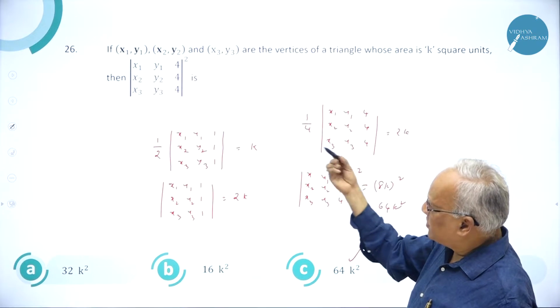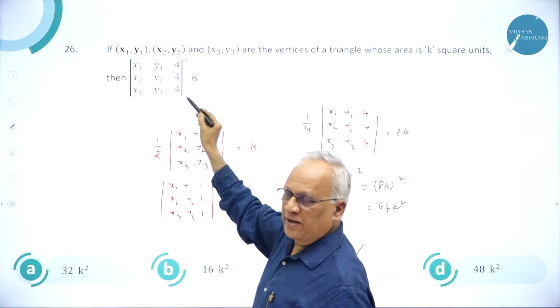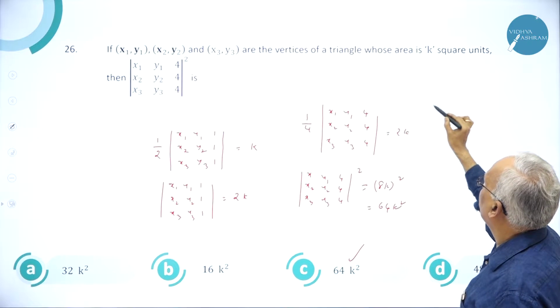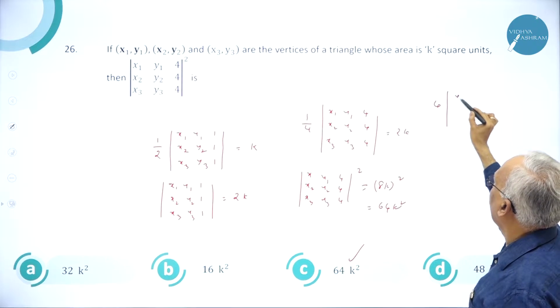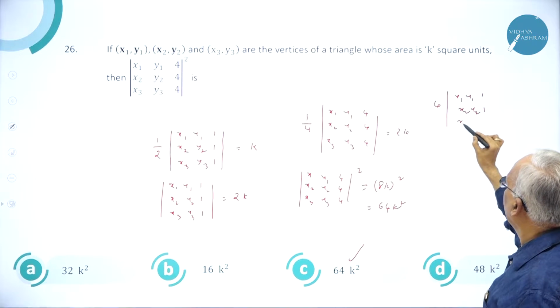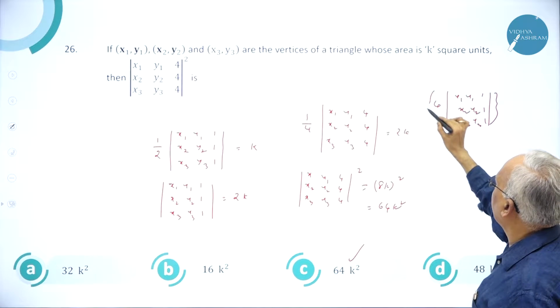You can do reverse order also. You take this, take 4 outside, and then you can bring it to that form. That also I can do. The required expression is 4 times the determinant of x1, y1, 1, x2, y2, 1, x3, y3, 1, that whole squared. You want this, right?